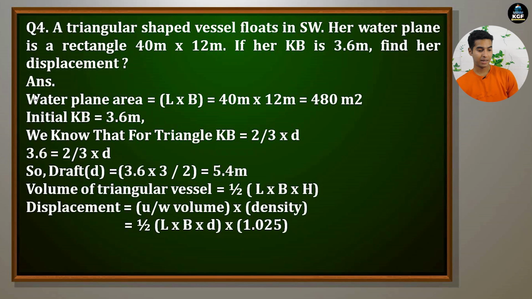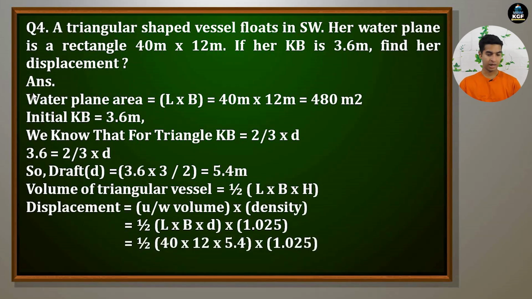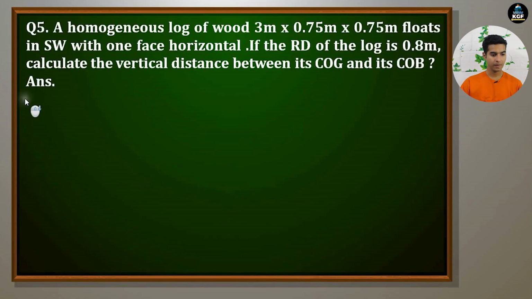So displacement is 1 by 2 into length into breadth into draft into density. Density we know, it is salt water, so 1.025. Now if we solve for the displacement, 1328.4 ton will be our displacement. This is the final answer.